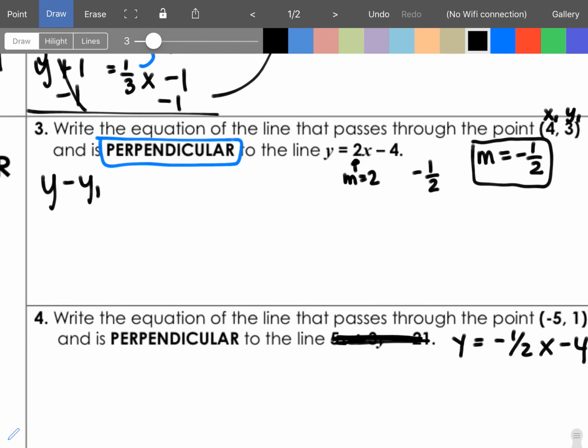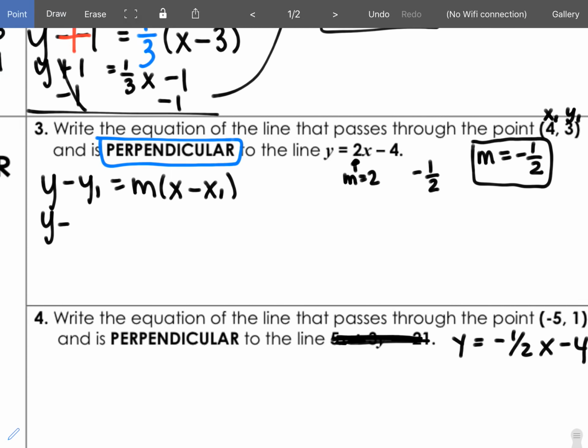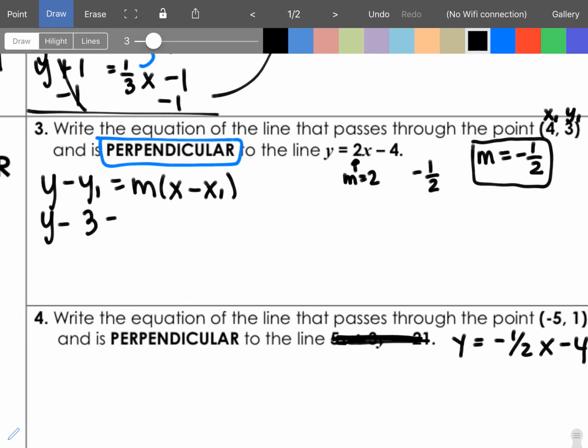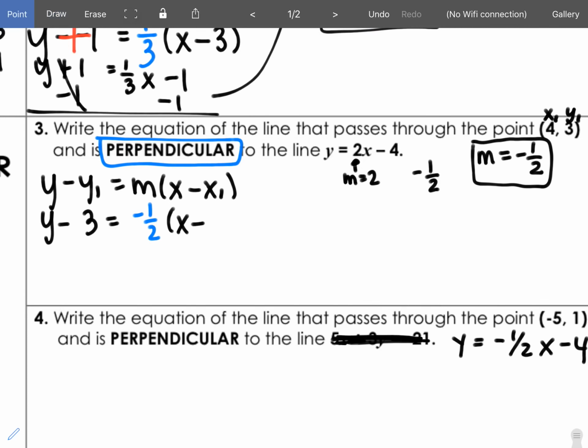Y minus y1 equals m times x minus x1. So y minus, my y1 is here, it's 3. So y minus 3 equals, my m is -1/2 times x minus, and my x point, my x1 is 4.